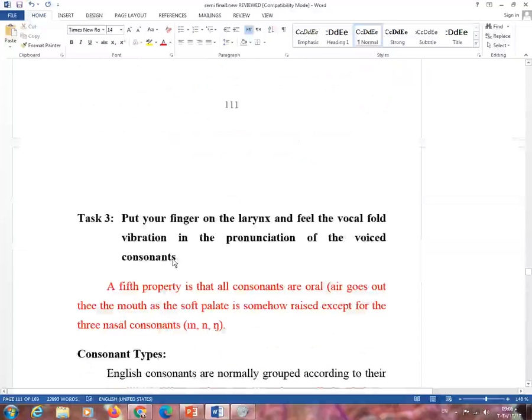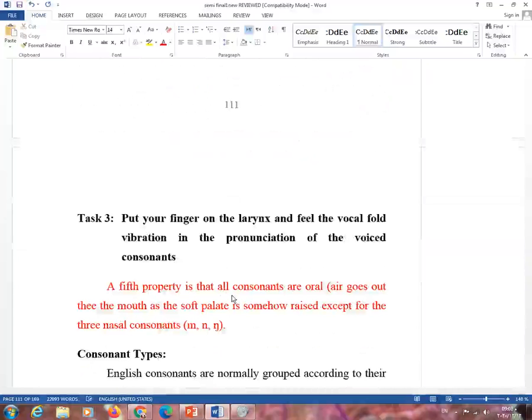Of course, there is a test we can use, which is putting your finger on the larynx, and you can feel the vocal fold vibration in the pronunciation of voiced consonants.